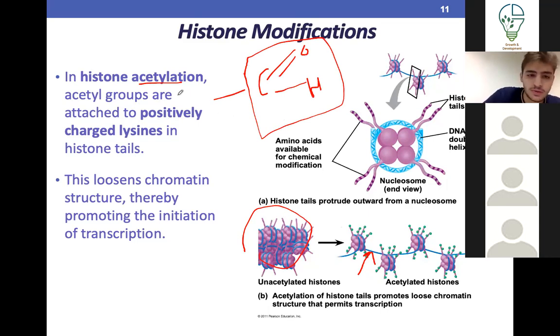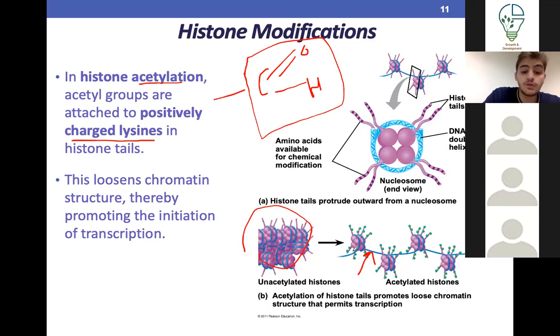Now let's get into more details. Where do you acetylate those histones? You acetylate them at something called the charged lysines. Lysine is an amino acid, and it's found in the histone tails. So how can they ask about this? They will tell you, oh, if I want to make more of this gene, they're not going to give you a whole scenario, but you need to understand from that scenario that they want to turn on a gene.